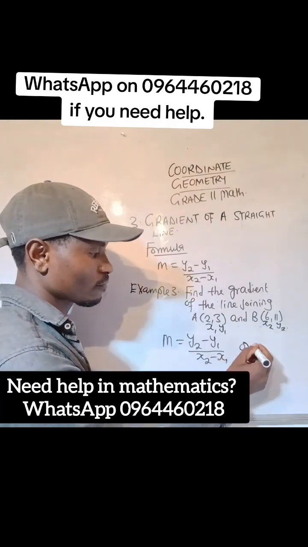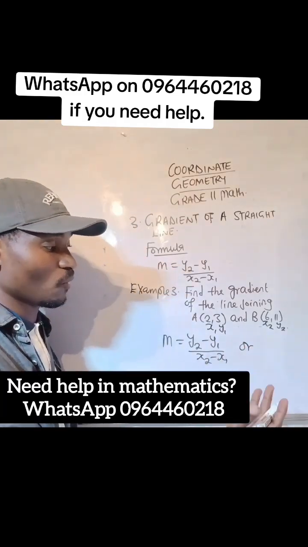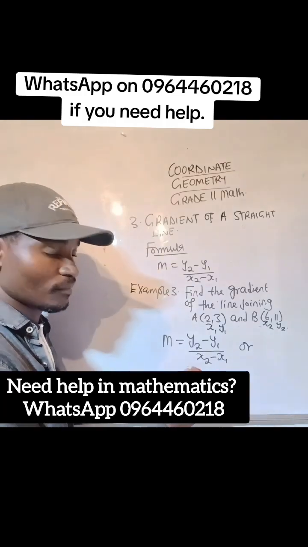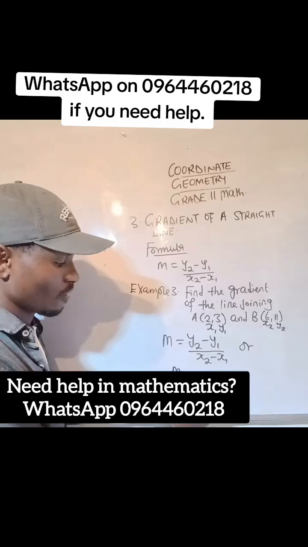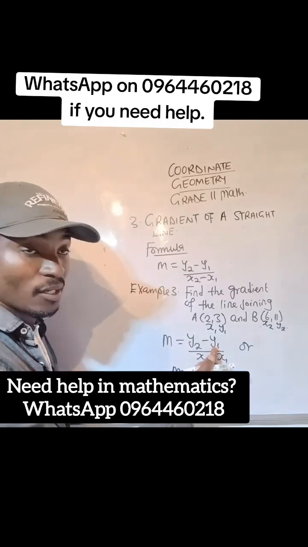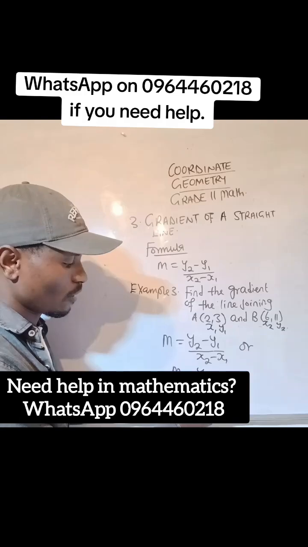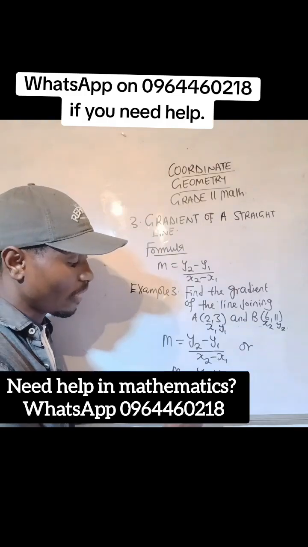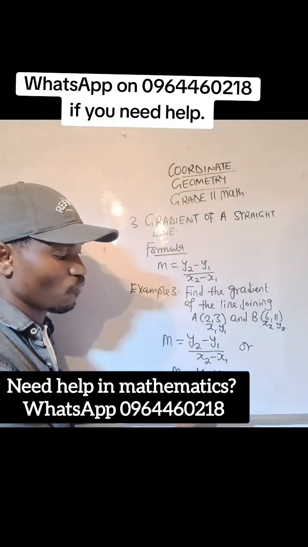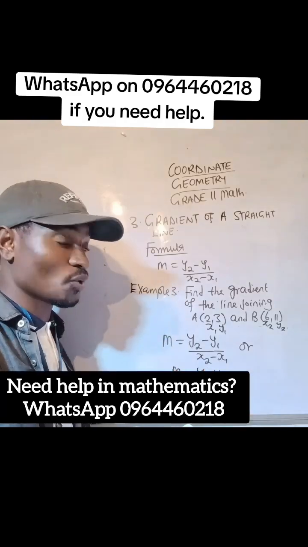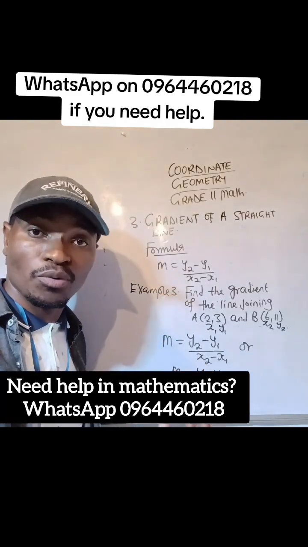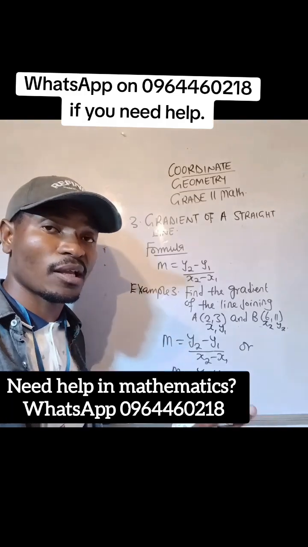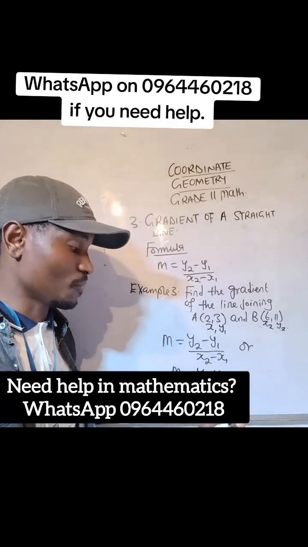Or the other way you can do this is by saying that m is equal to, you can start with y1 minus y2. If I start with y1 and end with y2 on top, that is also the pattern, the same procedure I'm going to use for the x on the bottom.